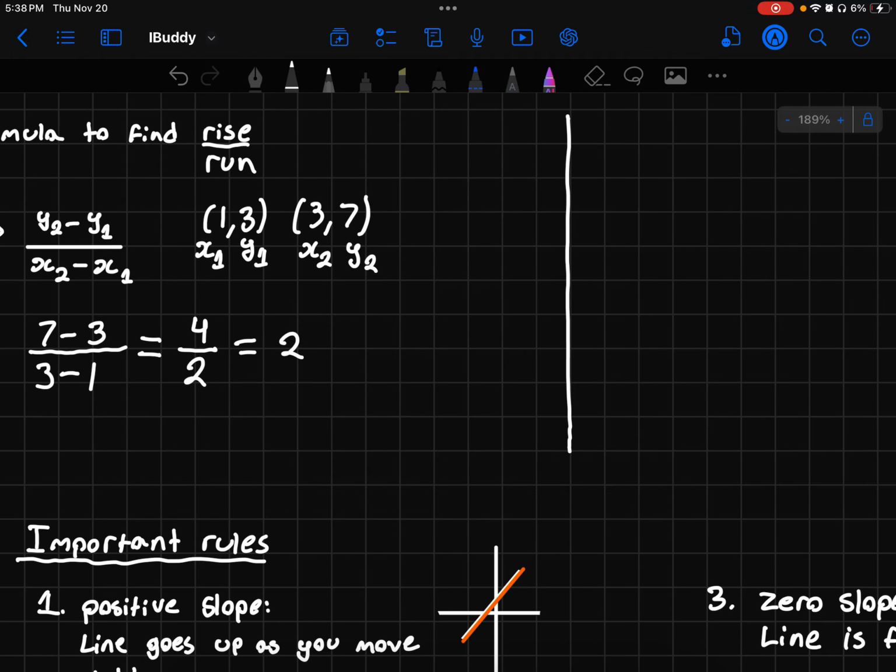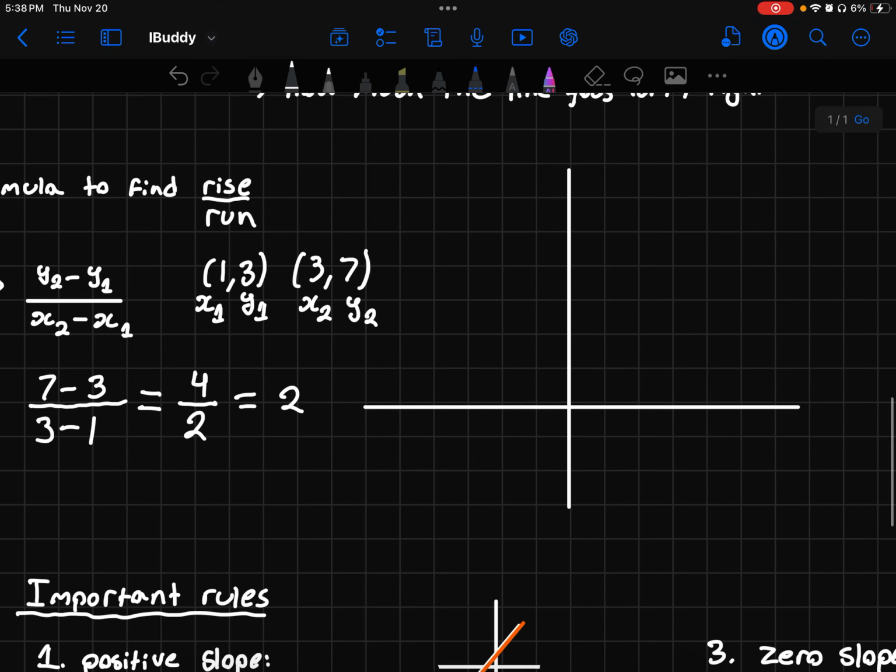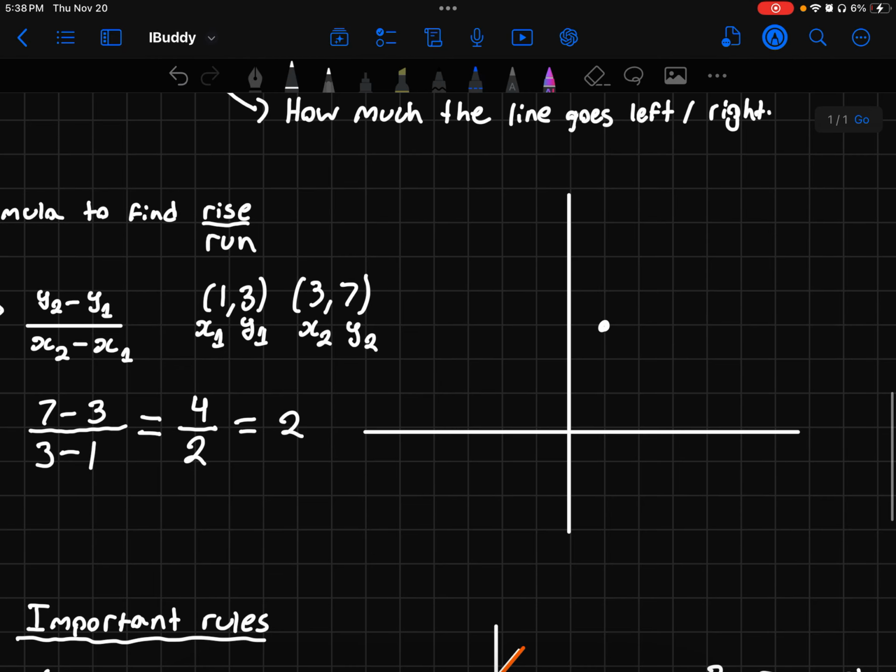So let's just make a graph real quick. Okay, so the first point is 1, 3. 1, 1, 3, right there. The second one is 3, 7. 3, 1, 2, 3, 4, 5, 6, 7, right there.